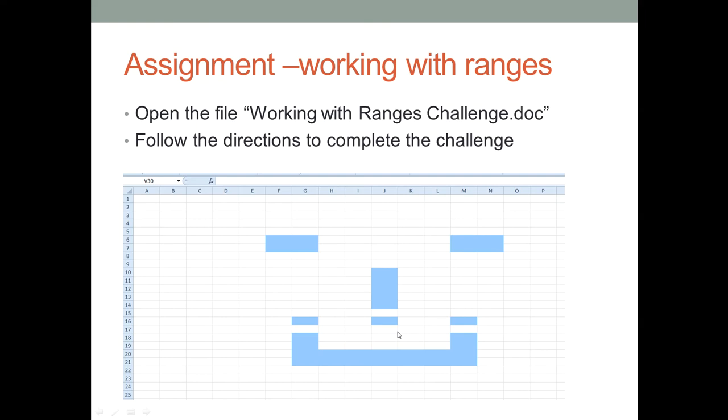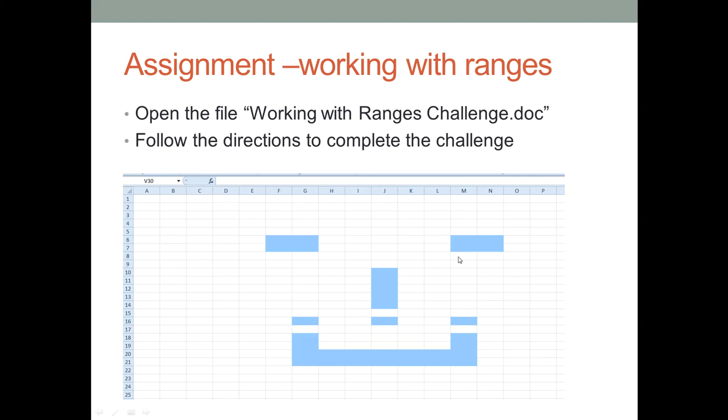Okay, so here is your challenge. You're going to open the file working with ranges challenge.doc. It's a Word document, and it has some directions that will help you use what we just learned to create this smiley face in Excel, all through automation, all through VBA.